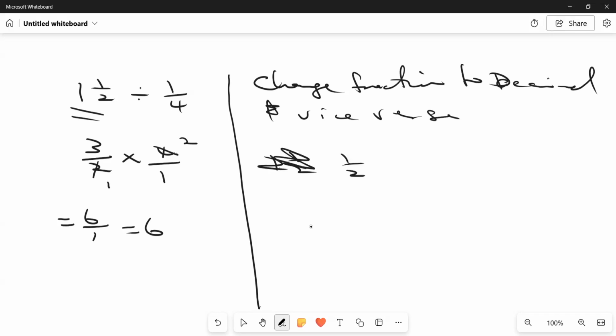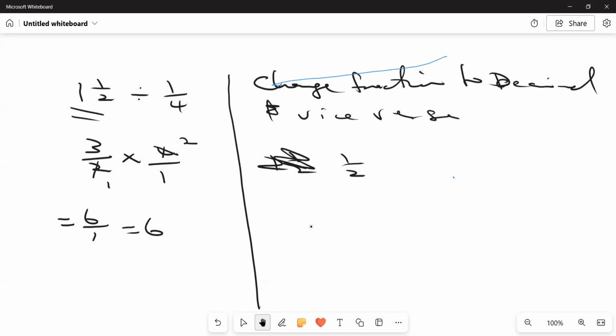Half. How do you change that to a decimal? Anybody? You simply divide the 1 by the 2, right?